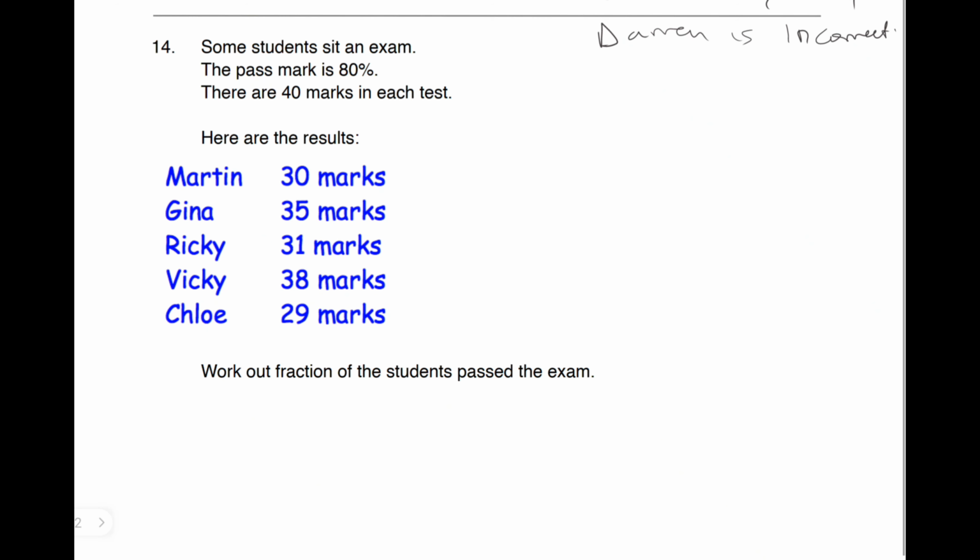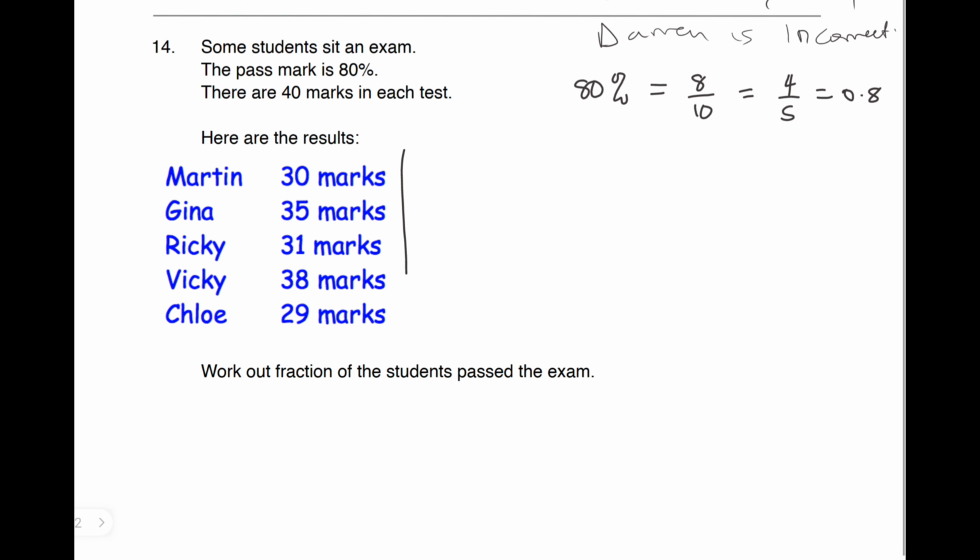Question 14. Some students sit an exam. The pass mark is 80%. So as we know, 80% is the same as 8 over 10, which is the same as 4/5, which is also the same as 0.8. So all we have to do is to convert each of these marks to percentage and compare it with 80% or decimal.